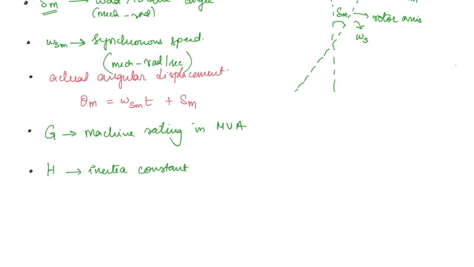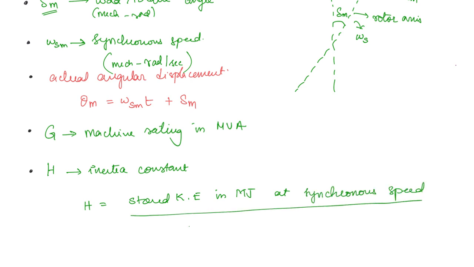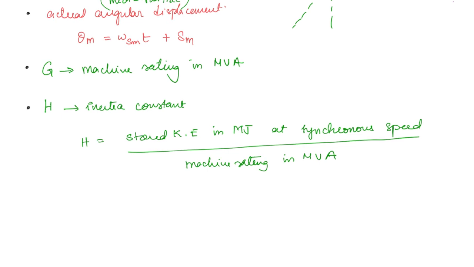H is equal to the stored kinetic energy in megajoules at synchronous speed divided by the machine rating in MVA. The kinetic energy is given by half J ωsm whole square, divided by the machine rating G, the MVA rating.